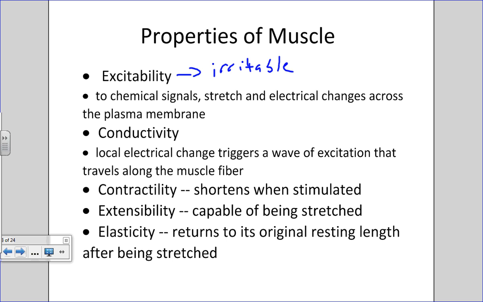So remember that every cell in the human body has a resting membrane potential. Muscle cells are at about -90 millivolts. So when we say that these are excitable or irritable tissues, we're able to alter this membrane potential so we can generate a contraction.